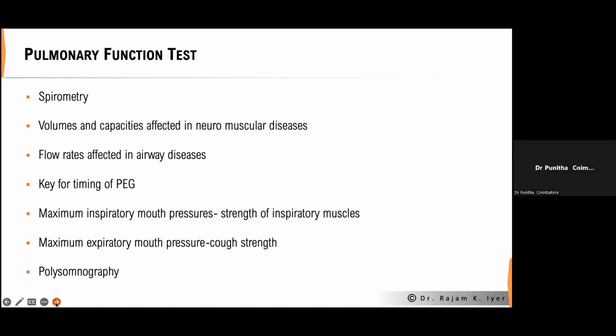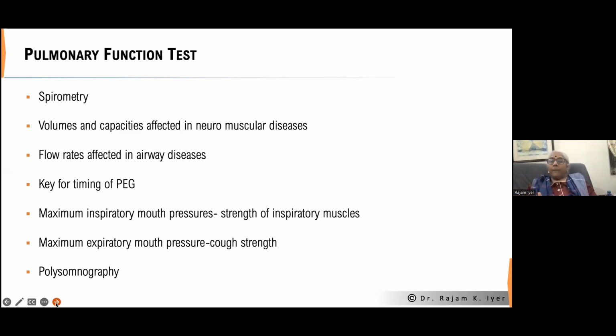Miles per hour, or kilometers per hour, correct? Similarly, flow rate in the lung will be volume of air, ml per second. So flow rates are FEV1, forced expiratory volume in 1 second, or forced expiratory volume between 25 to 75.